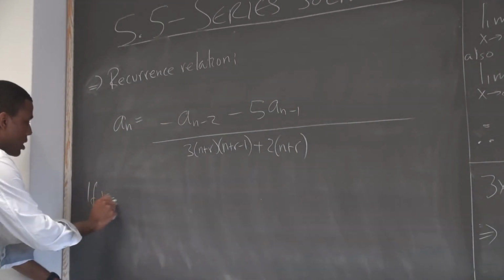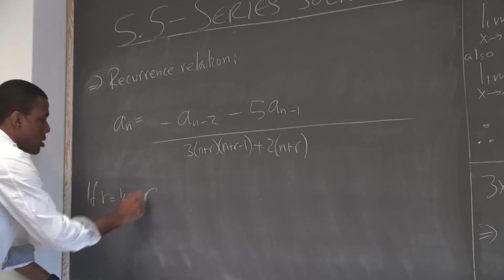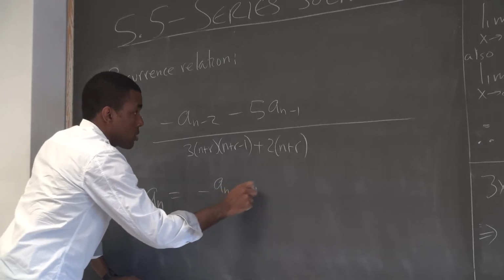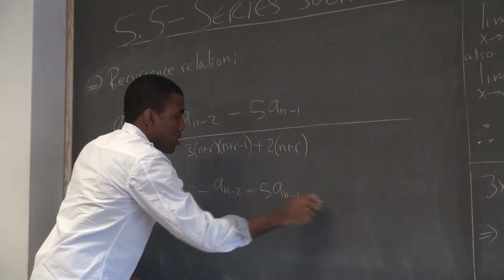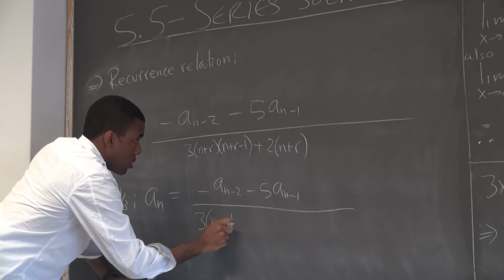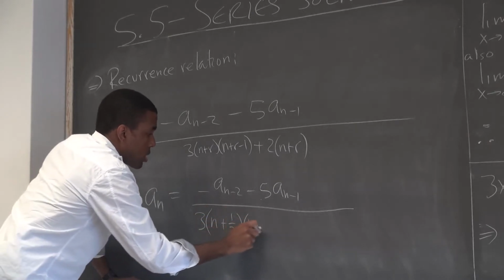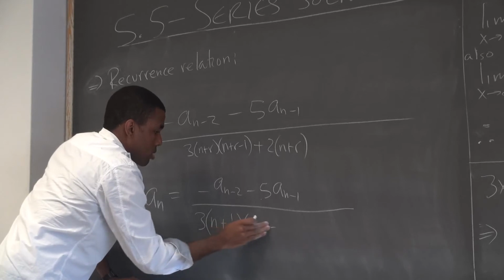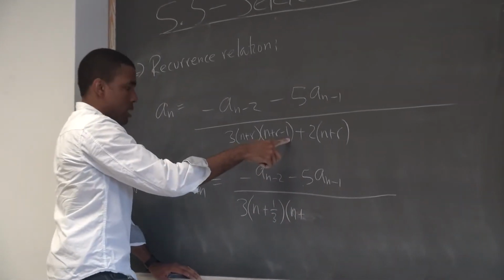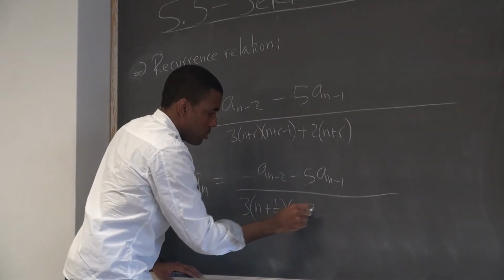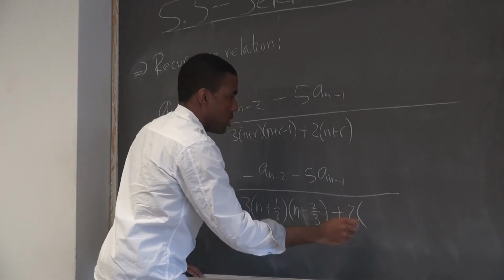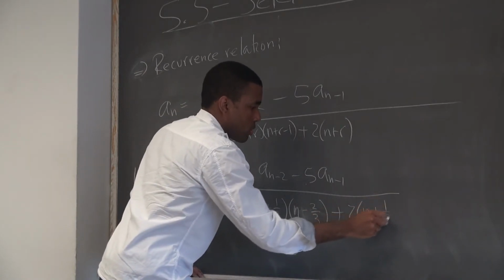So if r equals 1/3, what they're asking us for is this recurrence relation: 3 times (n plus 1/3)(n plus 1/3 minus 1), minus 2/3, plus 2 times (n plus 1/3).